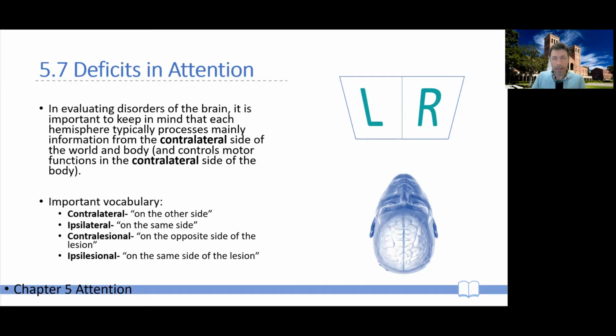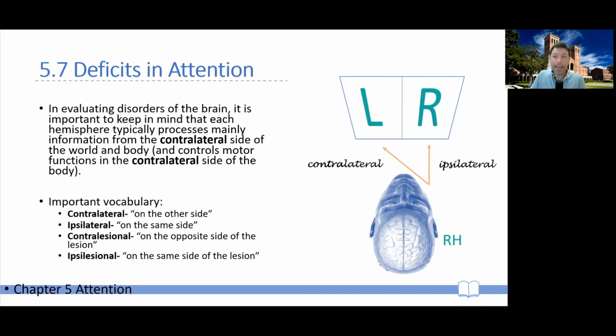To give you an example, if you take the point of view of the left hemisphere, then for the left hemisphere, the left visual field is the ipsilateral side. Conversely, the right visual field is the contralateral side. If you take the point of view of the right hemisphere, it's exactly the opposite. For the right hemisphere, the right visual field is the ipsilateral side, and the left visual field is the contralateral side.